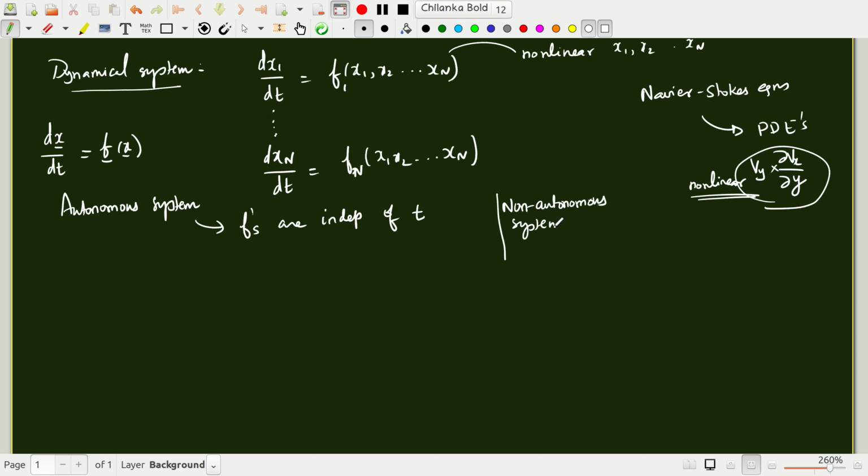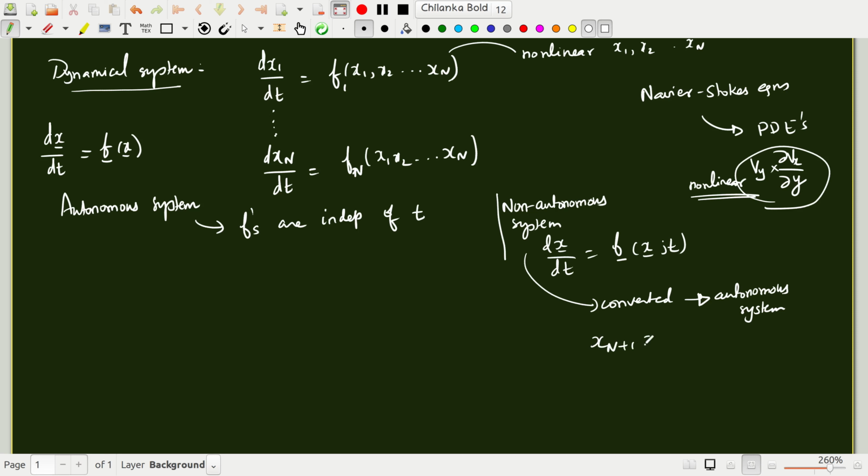And you can easily convert a non-autonomous system. In a non-autonomous system, you will have f of vector x and t, but a non-autonomous system can be converted to an autonomous system of one dimension higher by simply redefining time as one of the dependent variables. Okay, so if this is an n-dimensional system, you can call x_{n+1} as t, and you can rewrite this as dx_{n+1}/dt is 1, and you can add this to the system of differential equations.